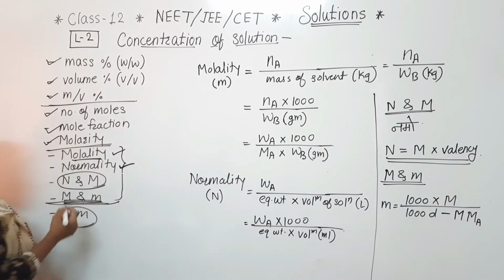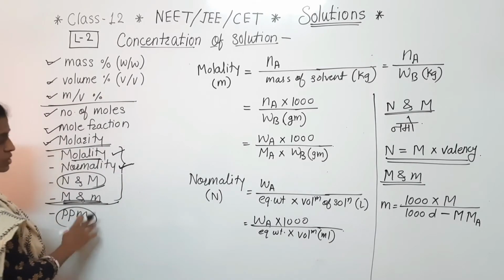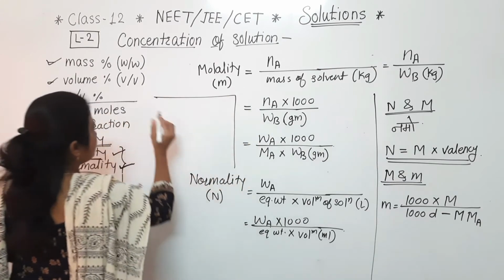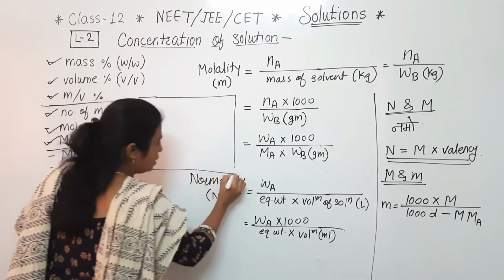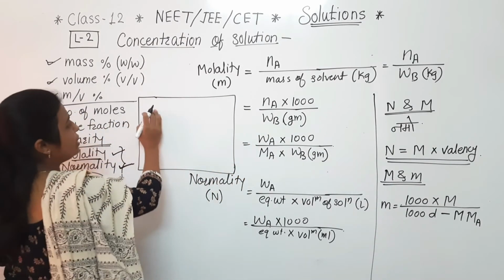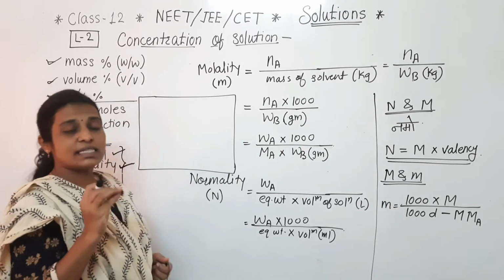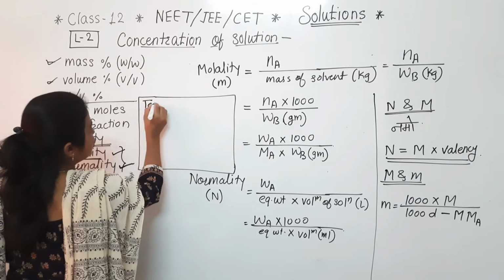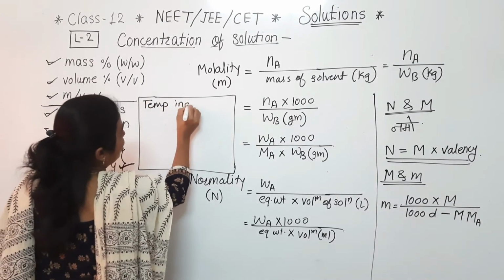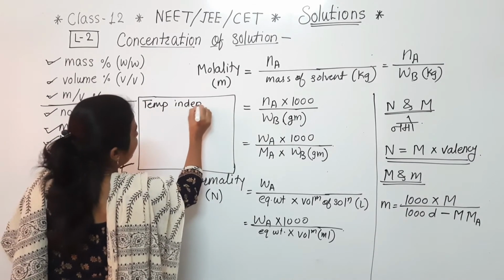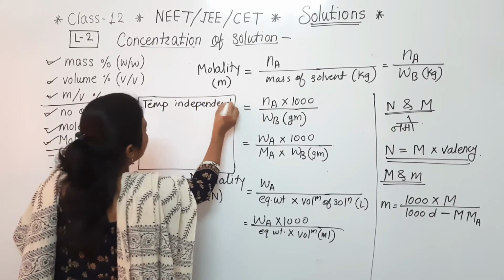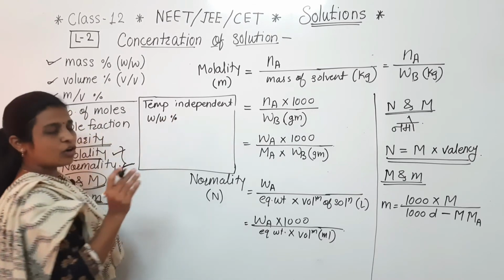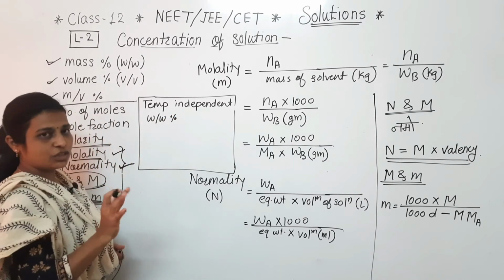Next one remaining is the ppm. Before going towards that last formula, I want to tell you some important things. Whenever in a concentration formula only mass is involved, then these are the temperature independent terms. Which are these temperature independent terms? First one is mass by mass percentage, or mass percentage term.